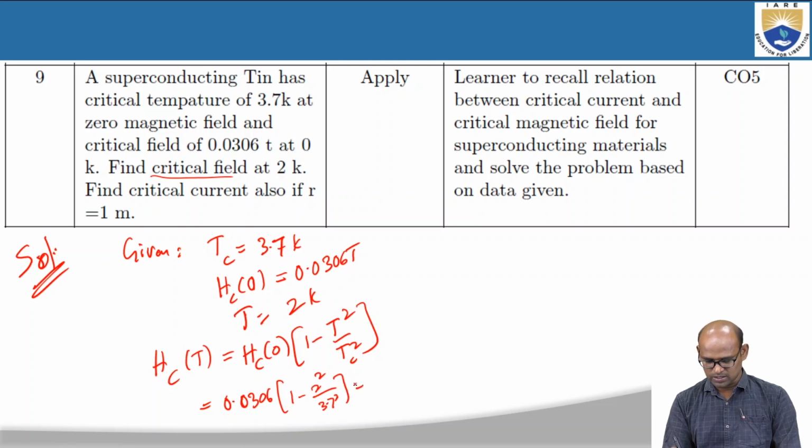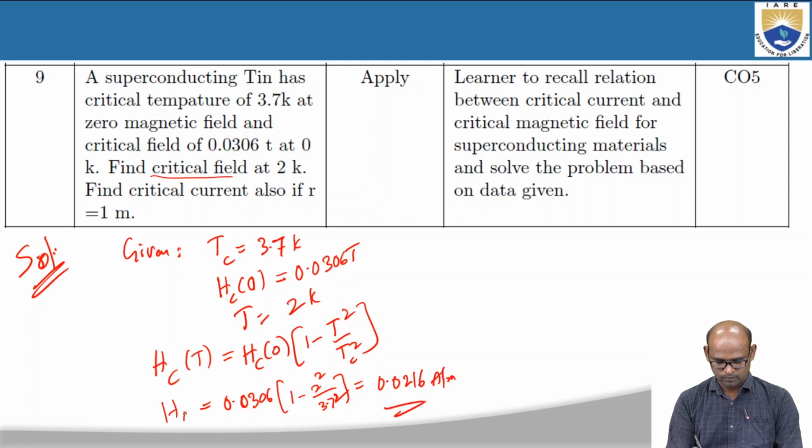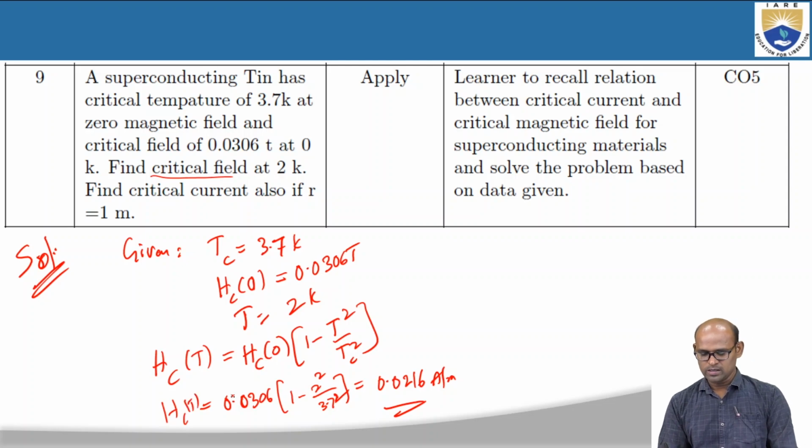We get 0.0216 amperes per meter. So the critical field at 2 Kelvin is 0.021 amperes per meter.